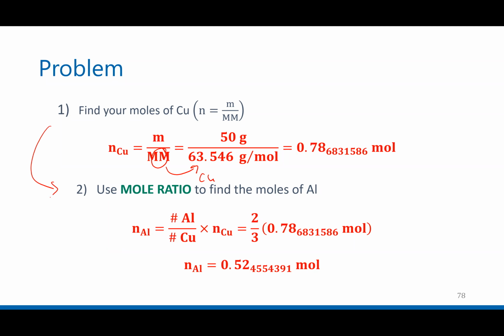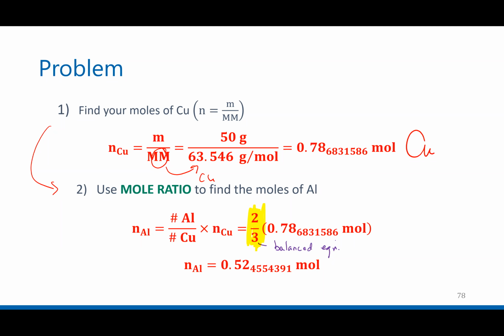Step two, now that I know the moles of copper, I can convert that to the moles of aluminum. So I take my mole ratio, this number, guys, let me highlight it. If any of you are wondering, where did 2/3 come from? It comes from my balanced chemical equation. I will show you this, don't worry. So the 2 and the 3 are from my balanced equation.